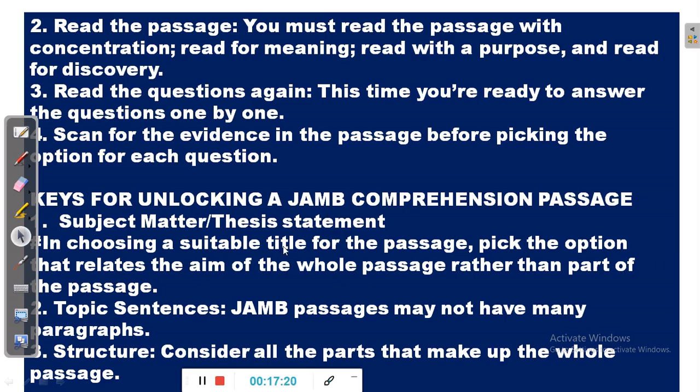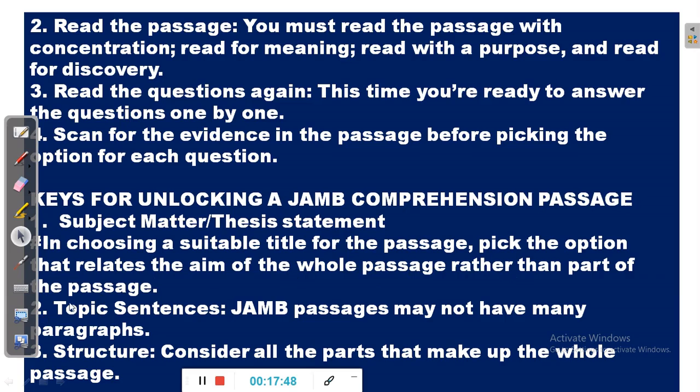And if you are able to identify the thesis statement, it contains the main idea of the whole passage. So if you pick the thesis statement, it will help you in picking the suitable title for the passage from the 4 options you have been given in the question.